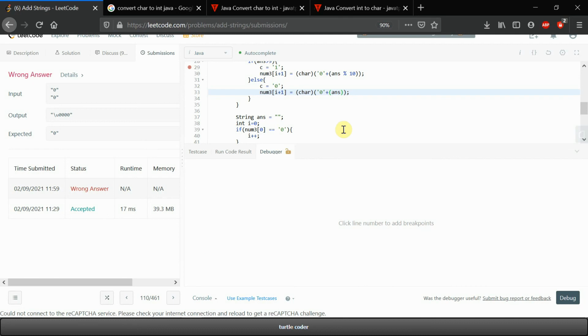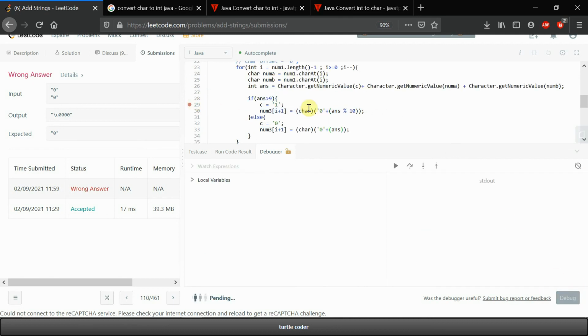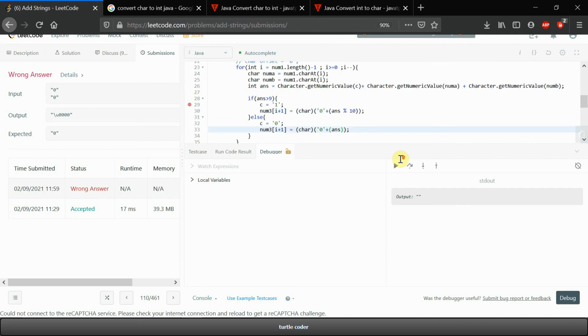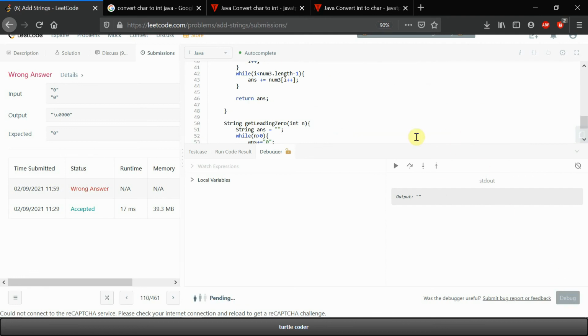Still there is a failure. Let's debug it. I think the value won't. Okay, I'll try to debug it again.